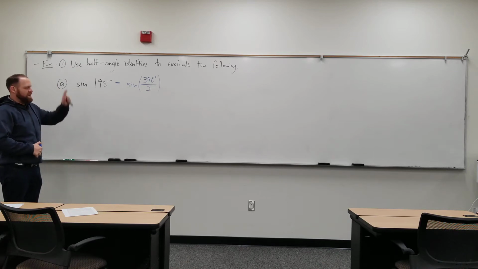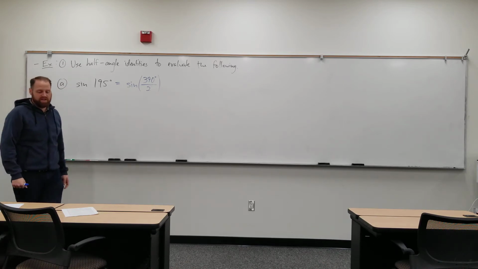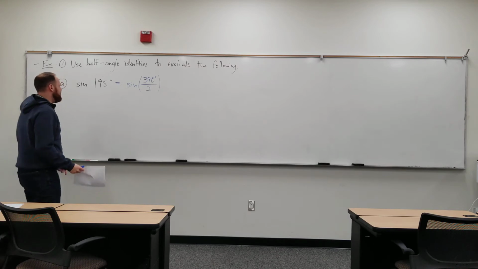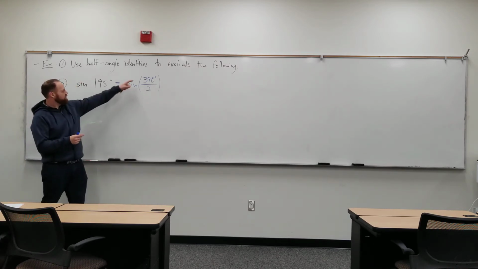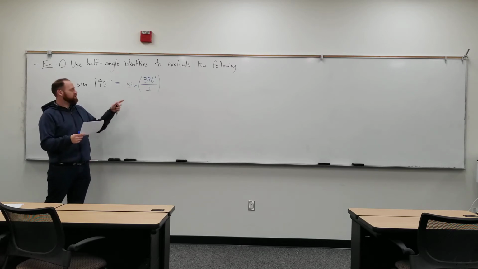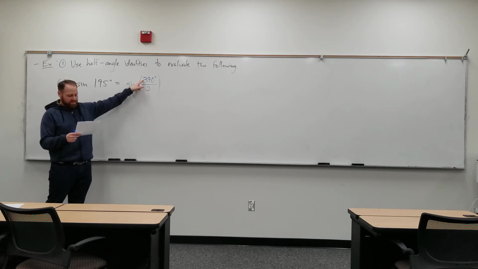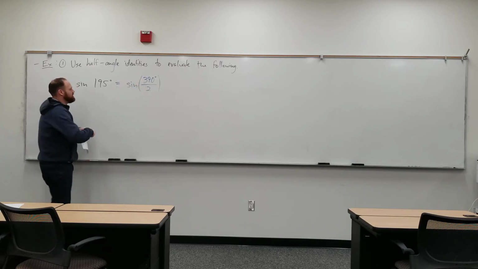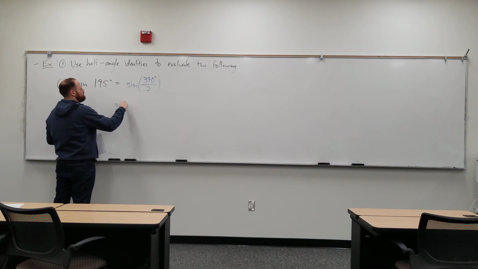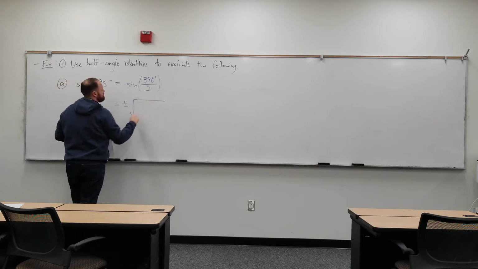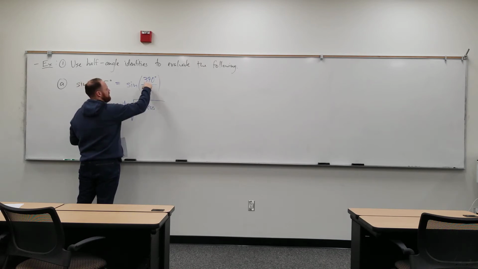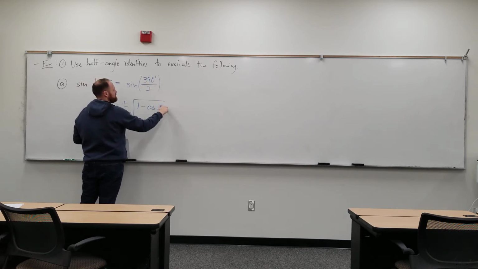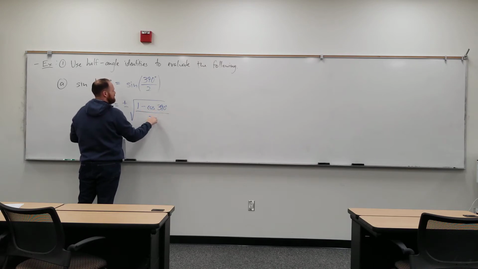Now I can use the half angle formula for sine to figure out what that should be. Sine of theta over 2 is plus or minus the square root of 1 minus cosine theta, all divided by 2.